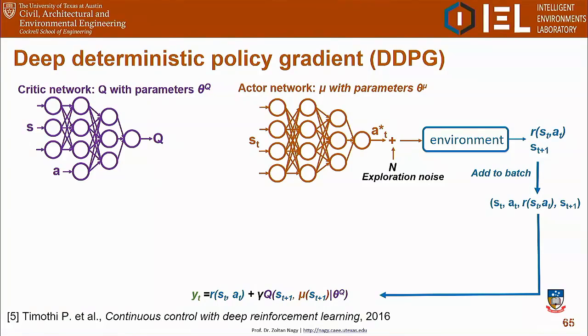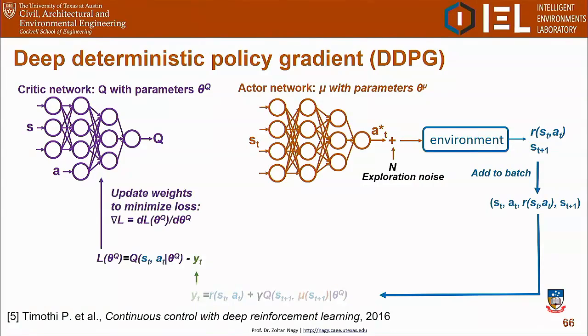We can store all these tuples into a large batch or a buffer, and then replay all this information and iterate in order to find the targets. In this equation, this is just the Q update. This Y value is the target, which is actually the Q value, and we will use this Q value to make the update of the critic network.